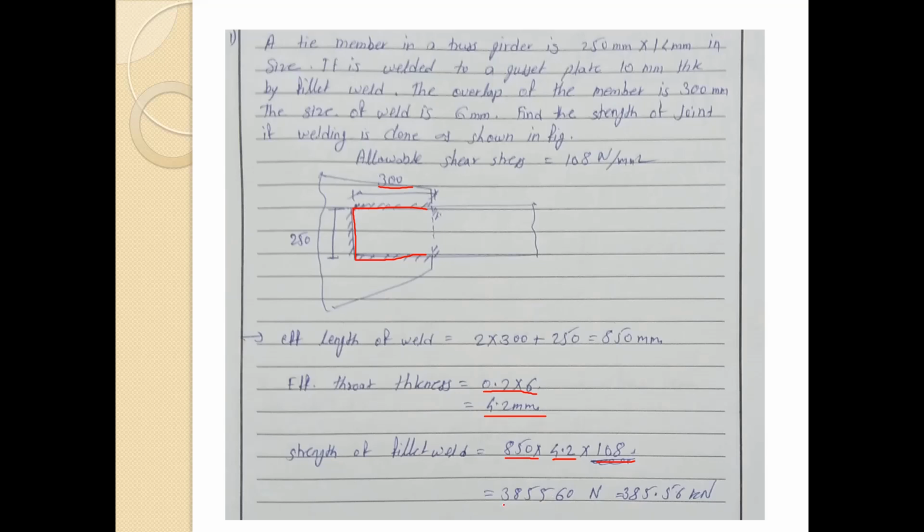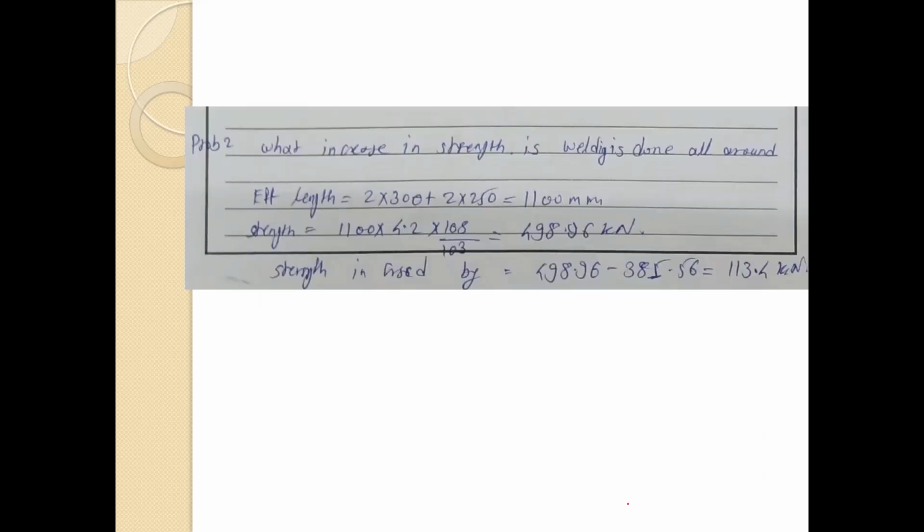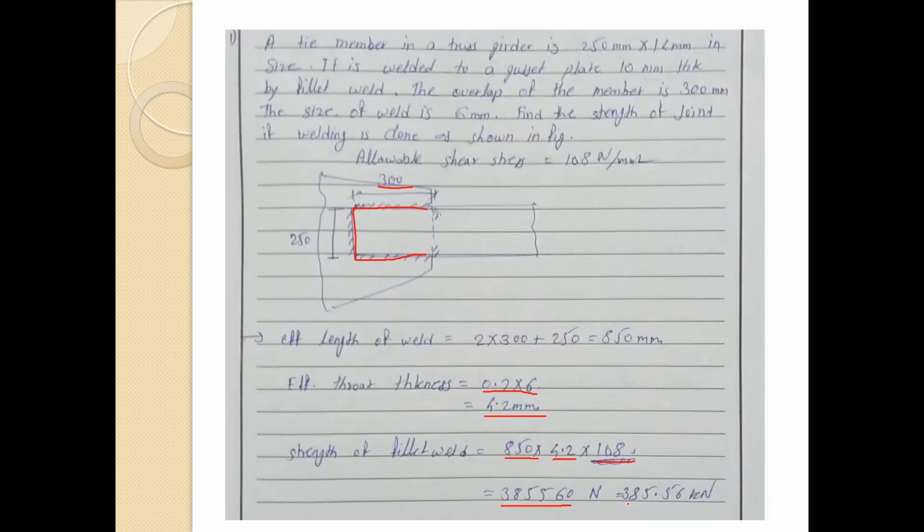So that becomes 3,85,560 N, that is 385.56 kN. So this is the strength of the particular joint.